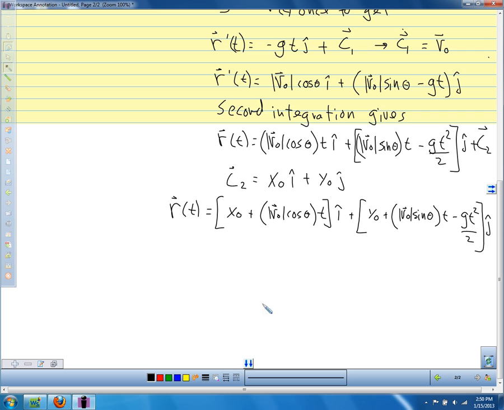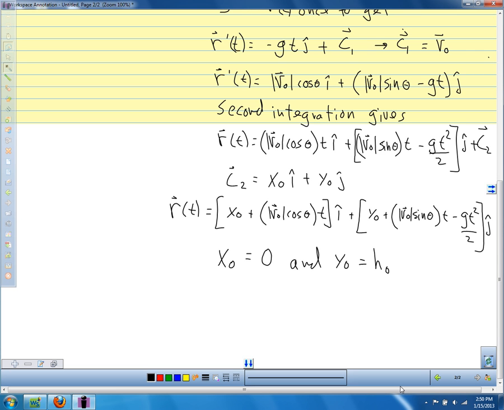Usually, just common usage, we say that it makes our problem easier if we say that x0 equals 0 and y0, we call h0, our initial height. You'll see that often in these expressions.